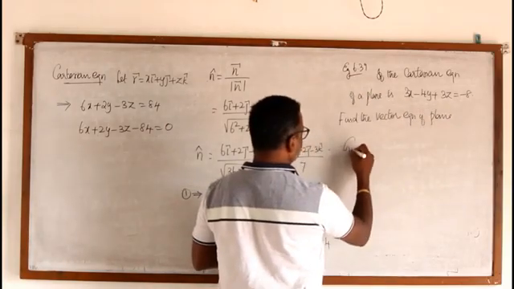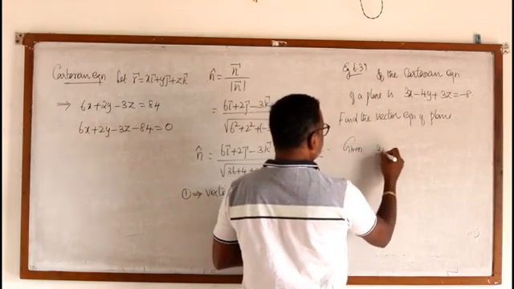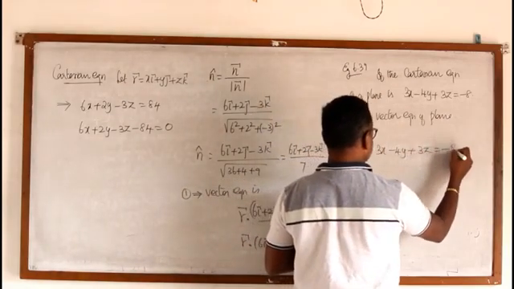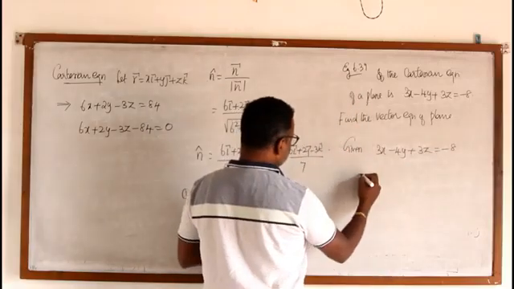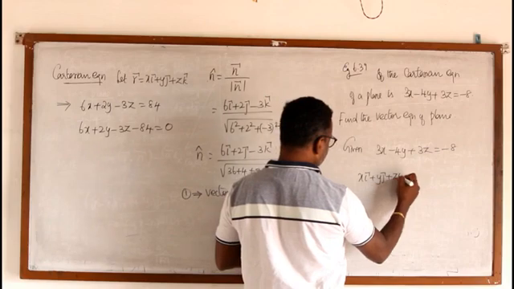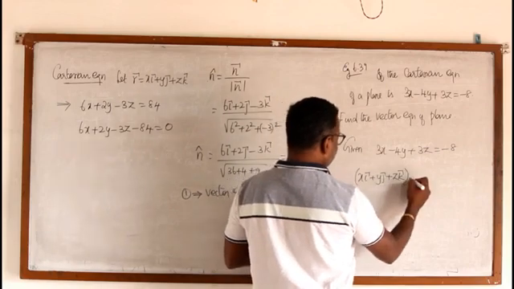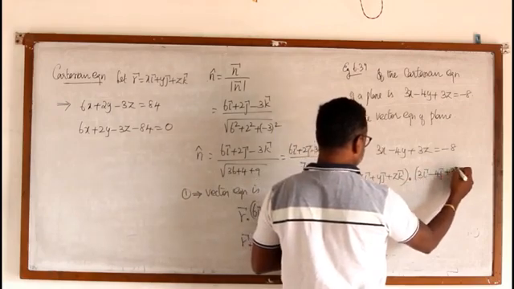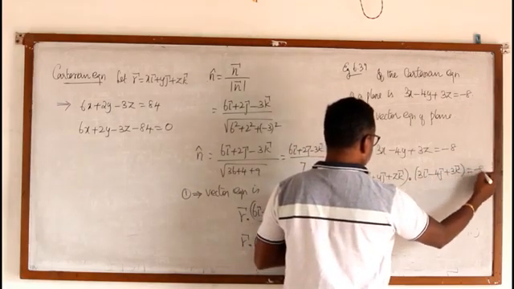Now, given 3x minus 4y plus 3z equal to minus 8, shall I split this one as xi plus yj plus zk dot 3i minus 4j plus 3k equal to minus 8.